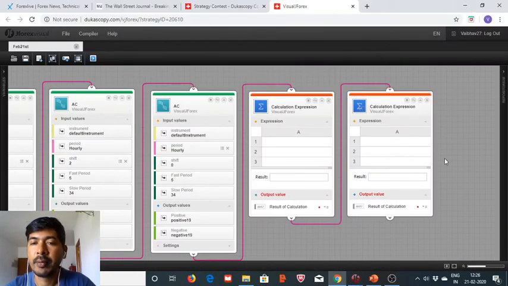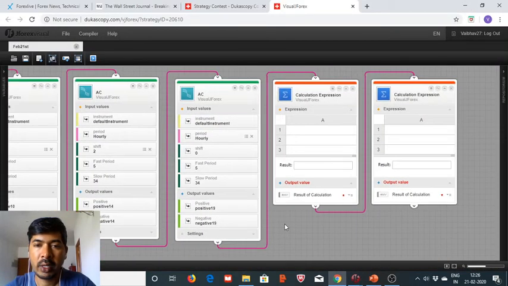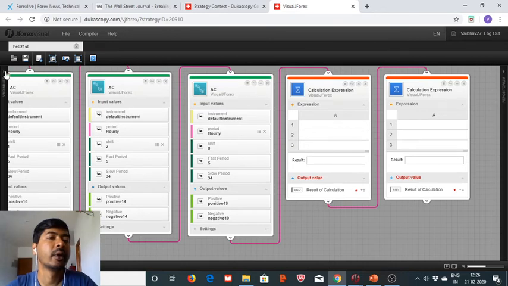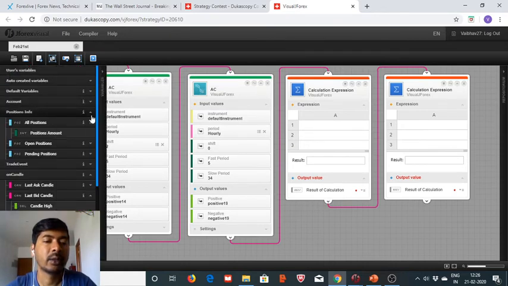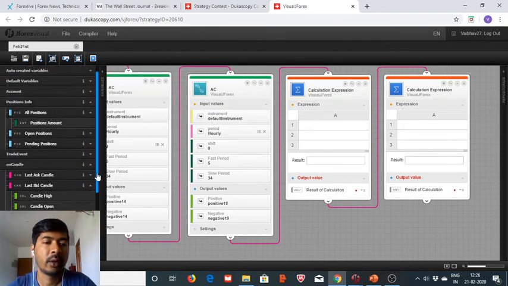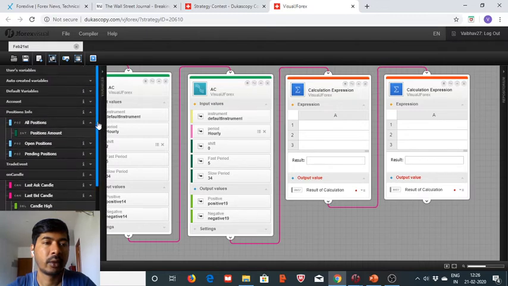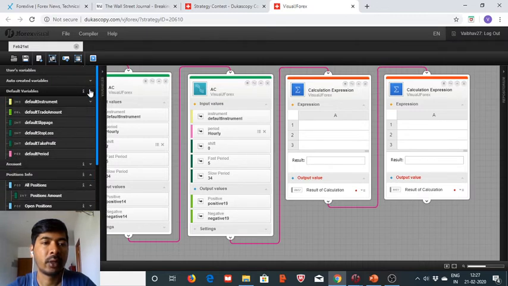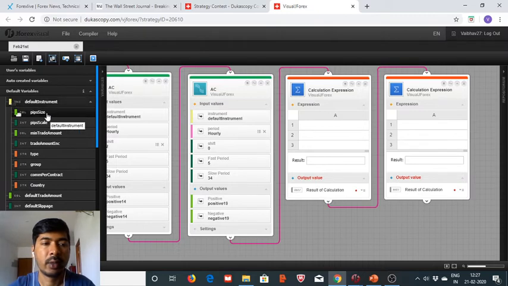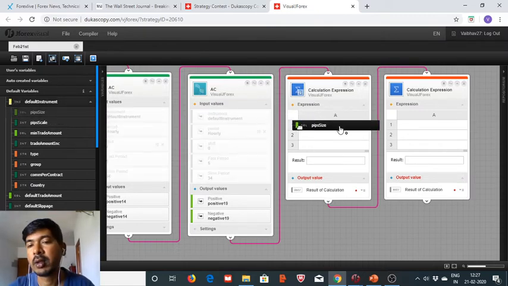So here we are. We will need the default instrument pip size, so on candle, and where is here the default instrument, and we will need the pip size of the default instrument.